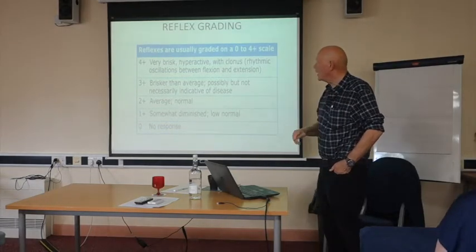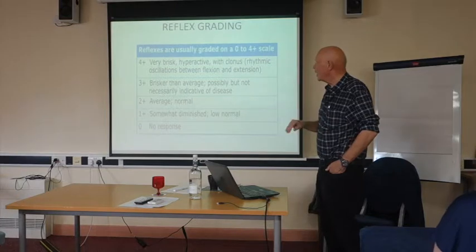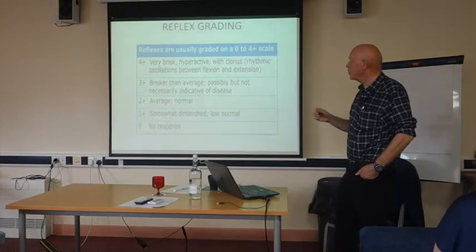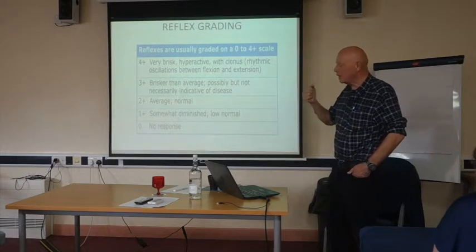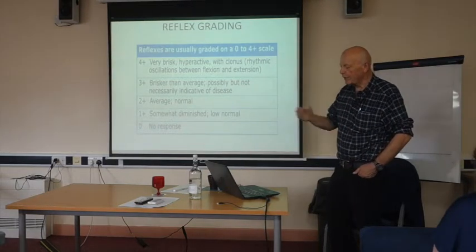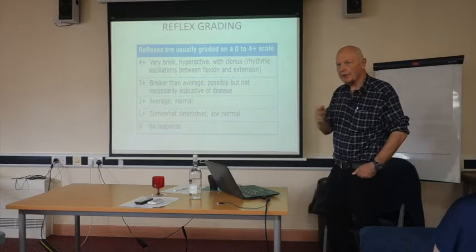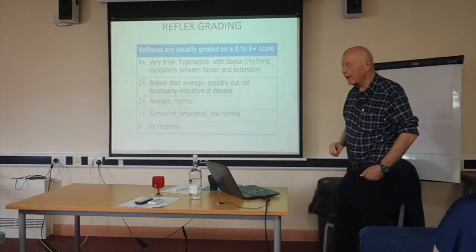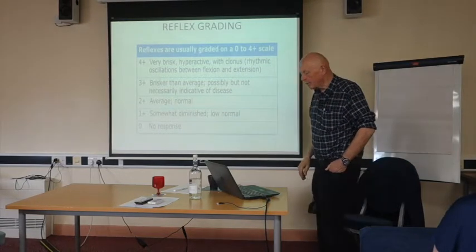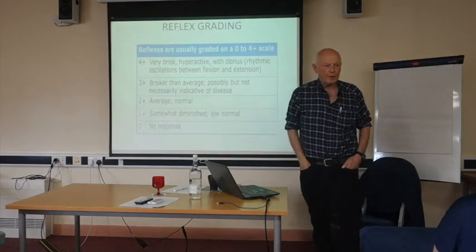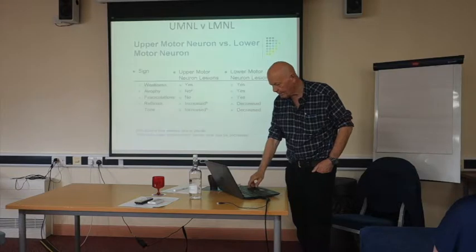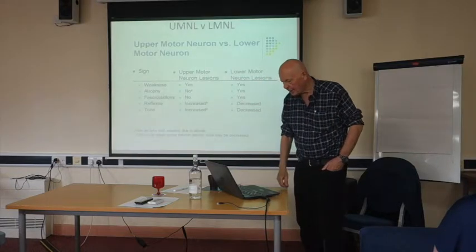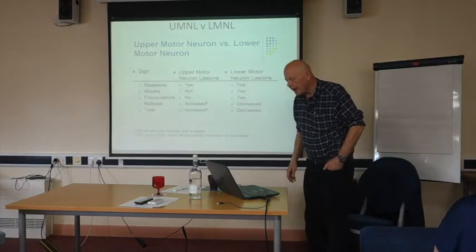And 4 is definitely pathological, very brisk, overactive. You're quite likely to get clonus in the sense of the reflex carrying on a bit after it's been provoked from there. Again, we don't normally see people grading them in that way, but you can if you want to.